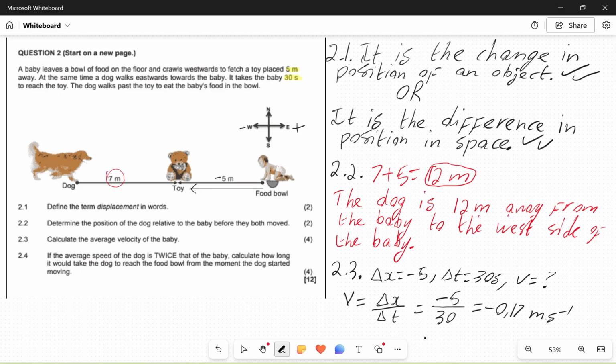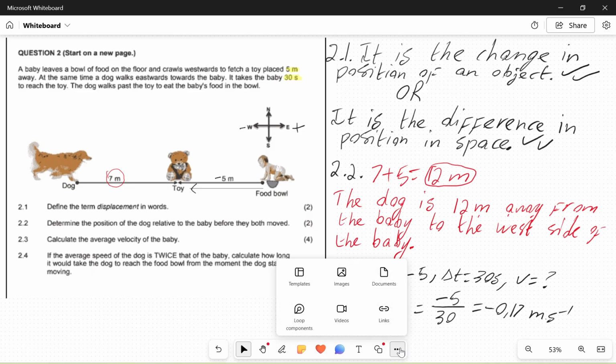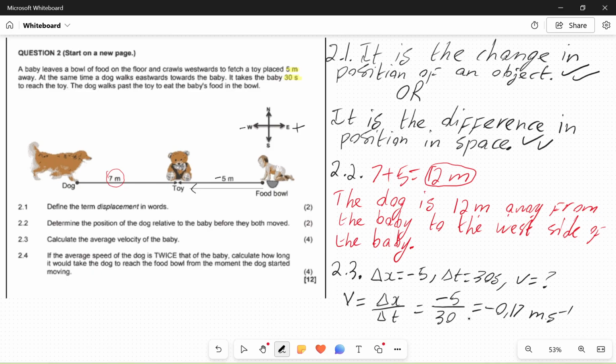But let's remember something about our velocity. Our velocity is a vector, right? And if our velocity is a vector, it means it must have both magnitude and direction. And I never want my answer to have this negative. No. What this negative tells me is the direction in which my velocity is moving towards.